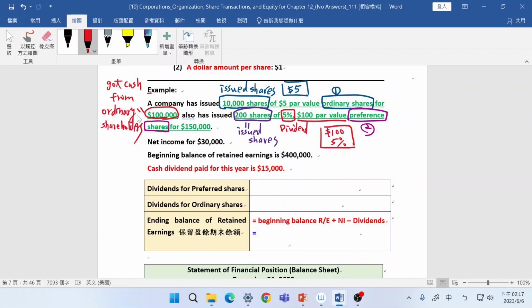Okay. So how about the second kind of share? Preference shares. You sold 200 preference shares. So you got the cash $150,000 from preference shareholders.